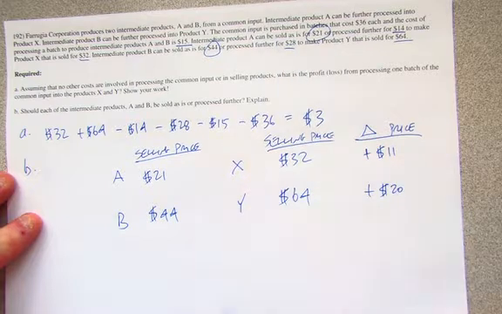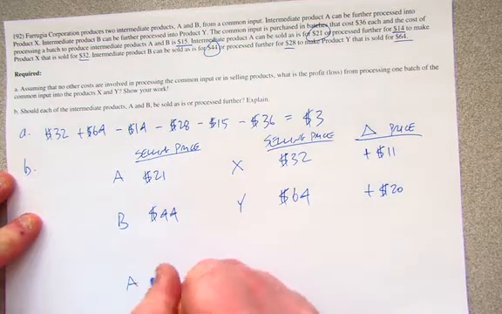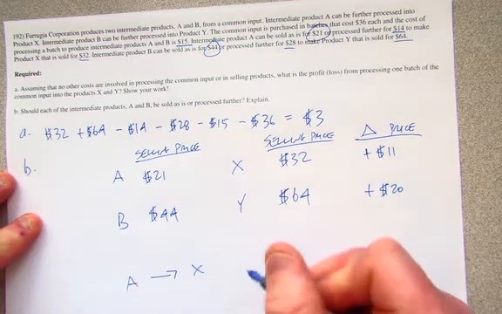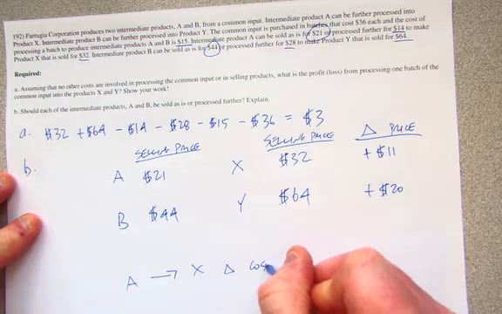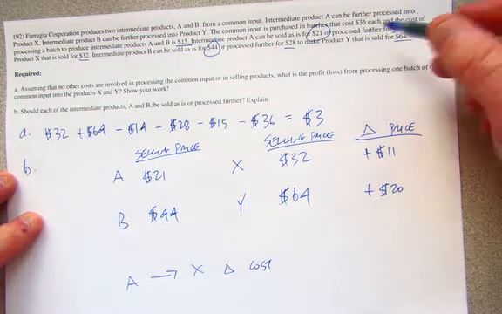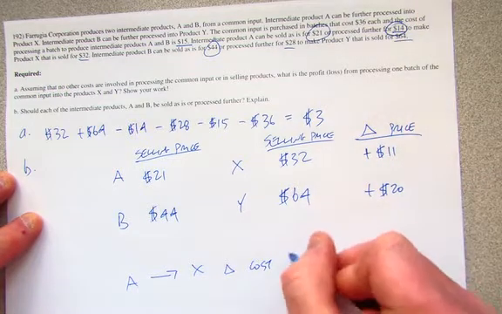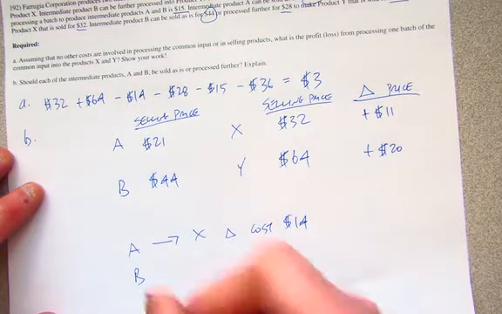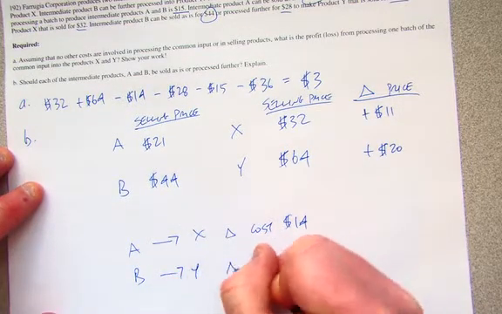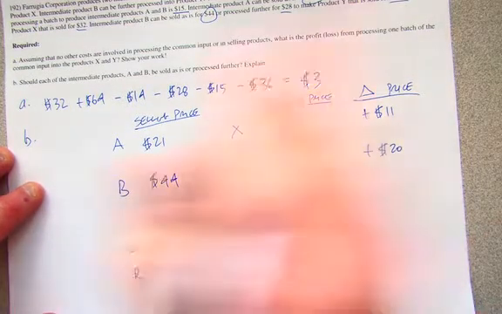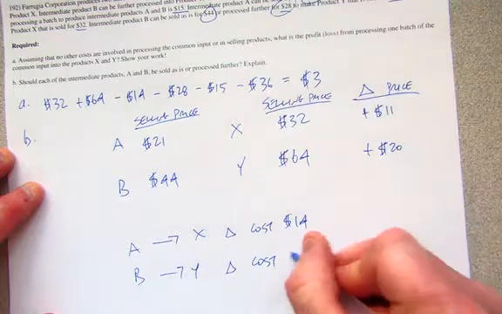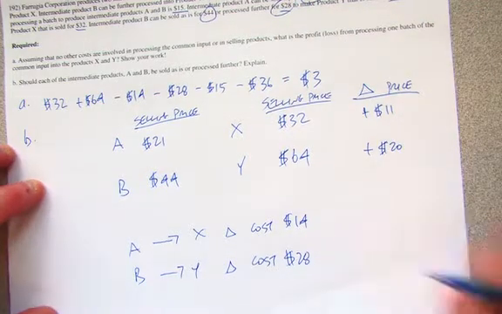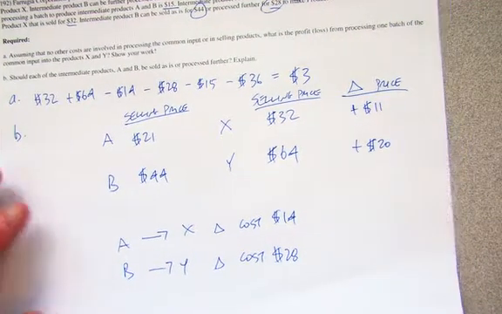So if we process A into X, the additional cost is $14. And if we process B into Y, the additional cost will be $28.